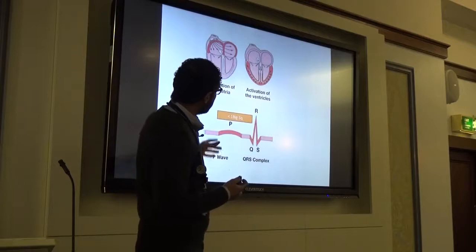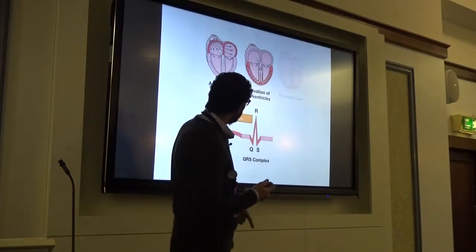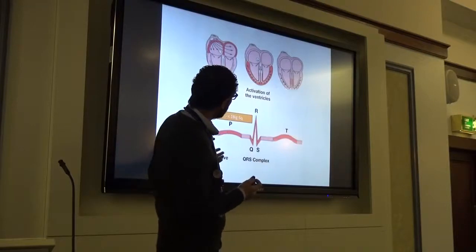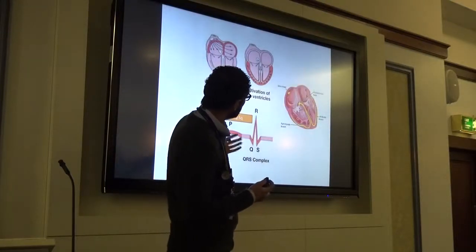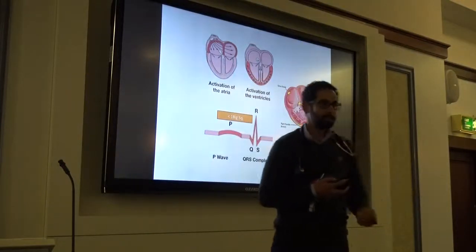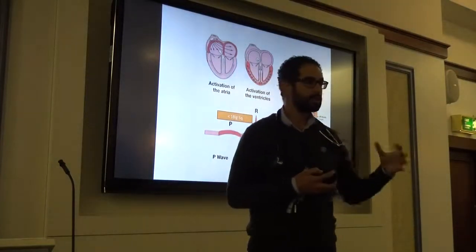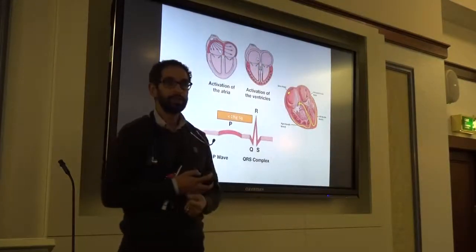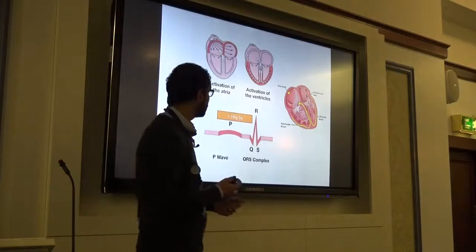As we mentioned, you need the heart to be coordinated. You need the atria to contract before the ventricles. So you need the atria to activate, contract and empty the blood, then you need the ventricles to fill up and then contract.